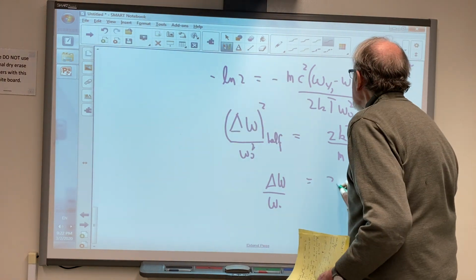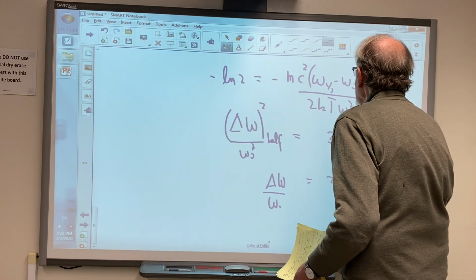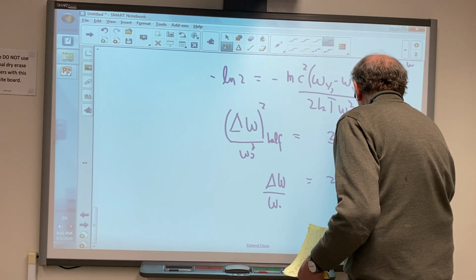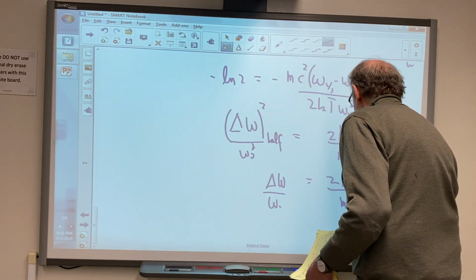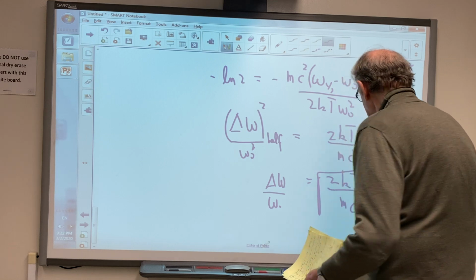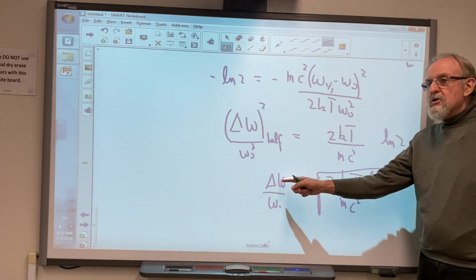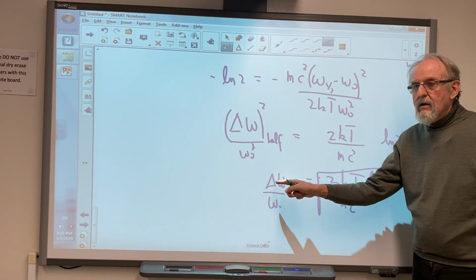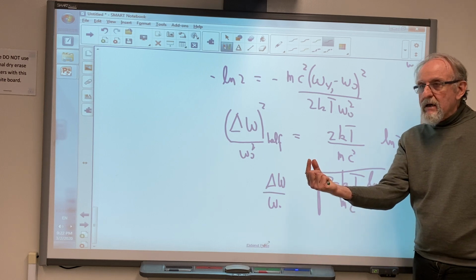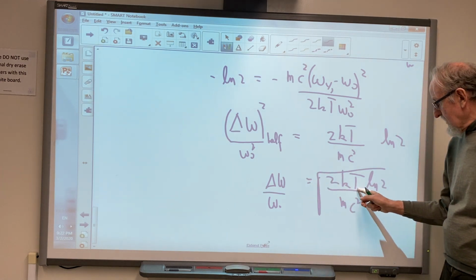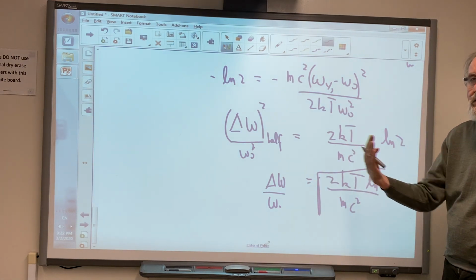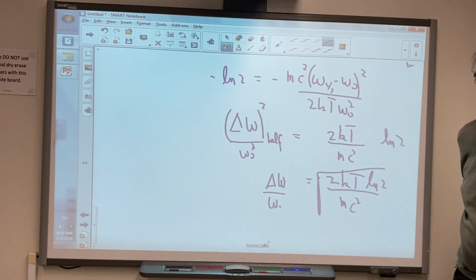It is the square root of 2kT ln 2 over mc squared. You see, by measuring the spectral width of the peak, I get information about the temperature of the planet.